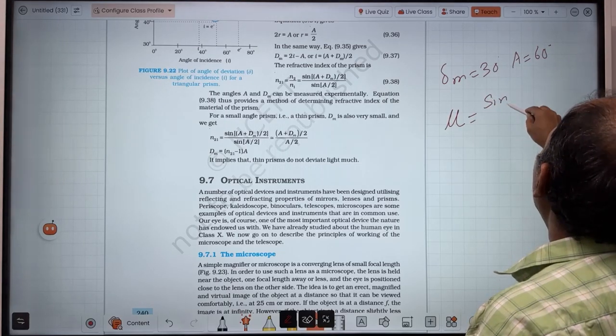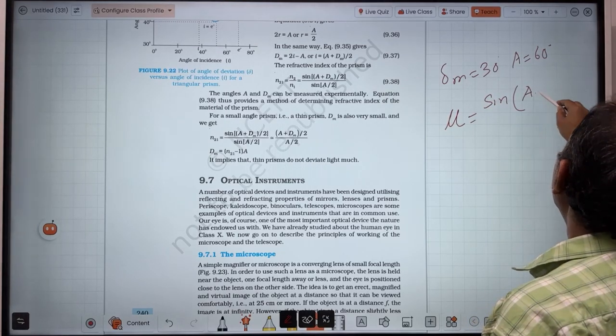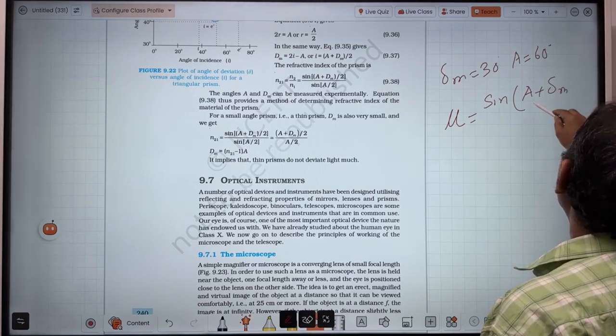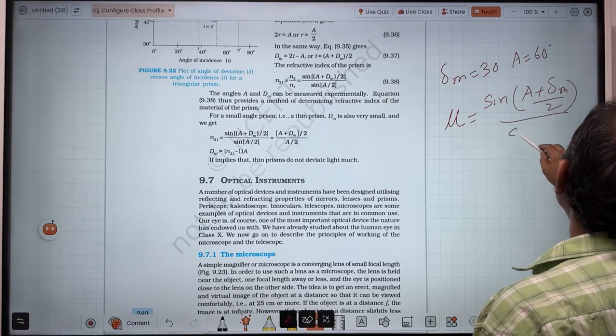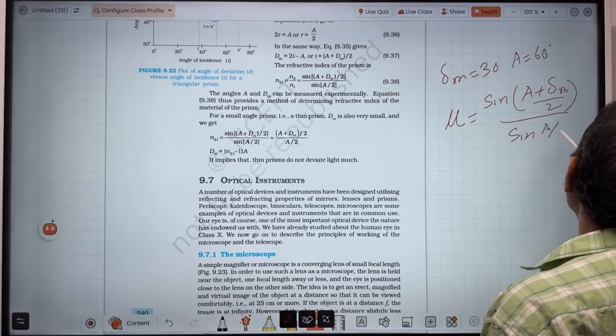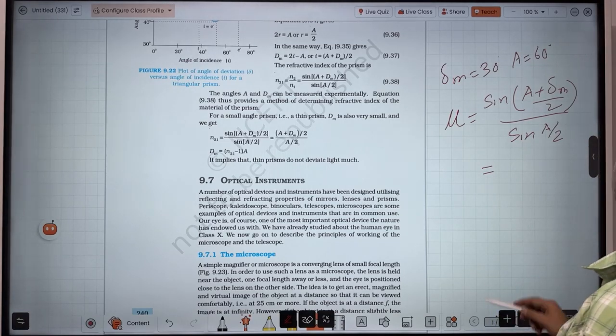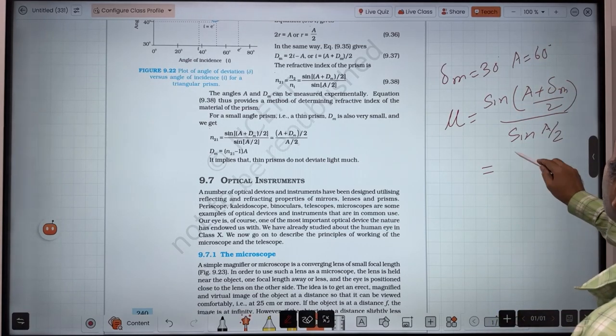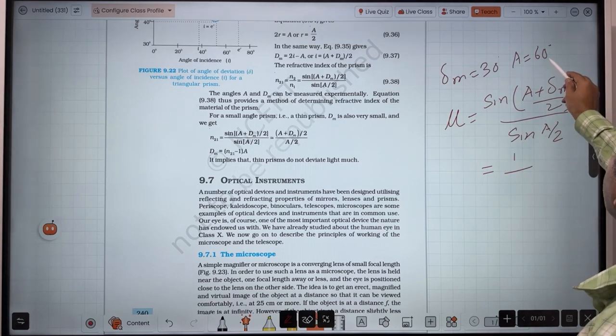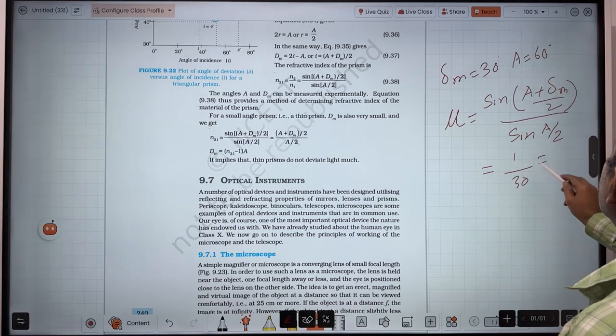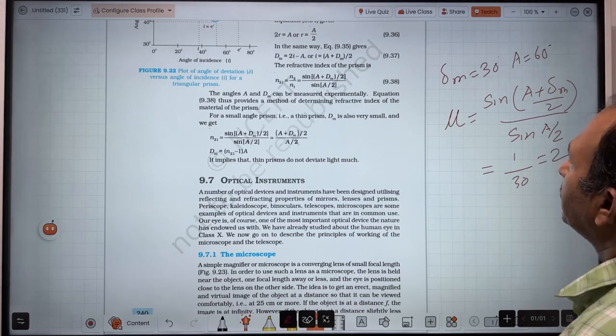So sine of A plus delta M, whole divided by 2, divided by sine A by 2. We put the values. Here it will become sine 90, which is 1, and sine A by 2, where A by 2 means 30 degree. So this will give 1 by 1/2, so 2.